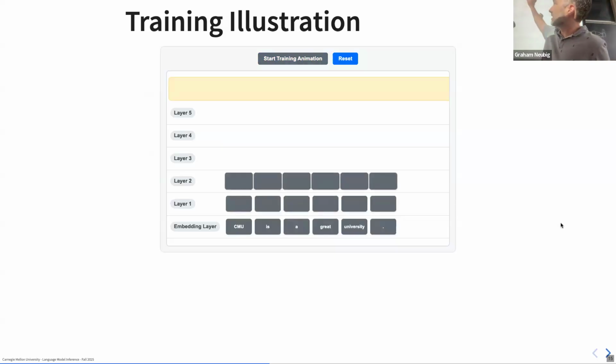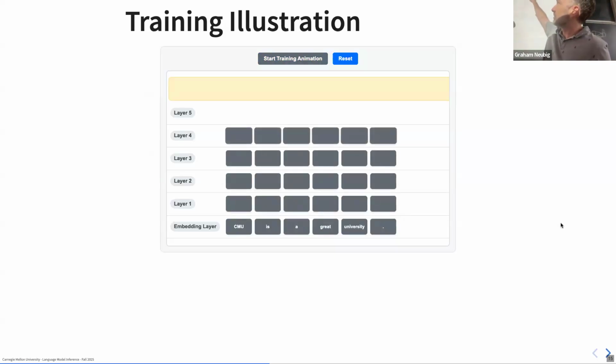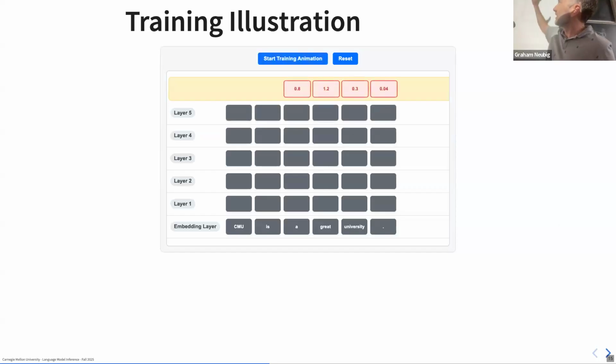Big block, big block, big block, big block, big block, big block, and then finally predicting the outputs. This is really important because it's very different from inference. When you're doing training, if things go well, you can completely saturate a GPU all the time, or get very high flop utilization.